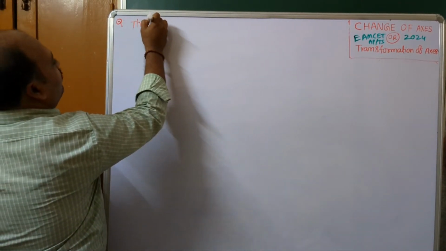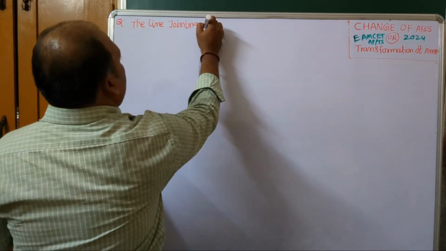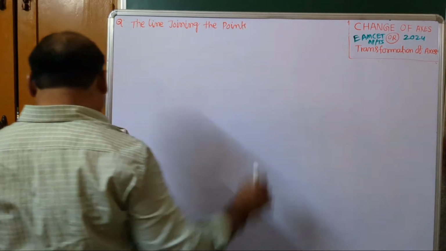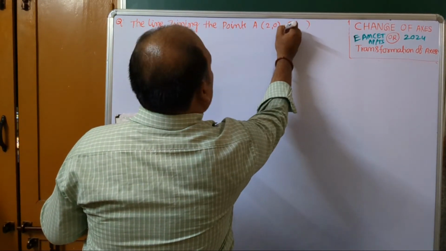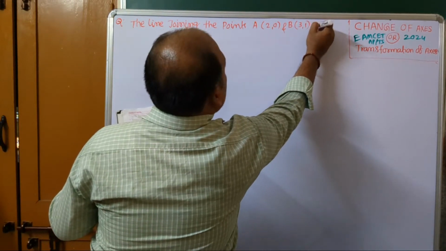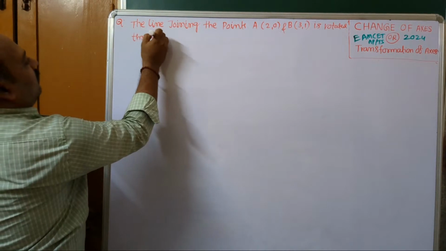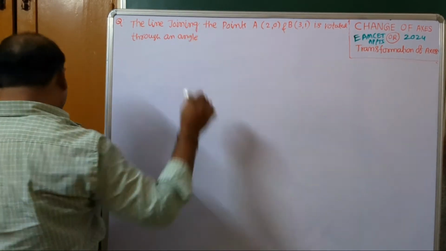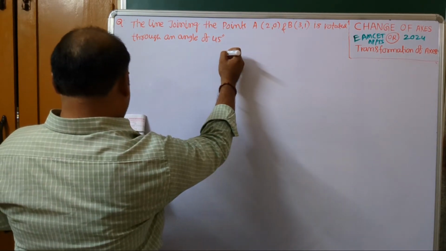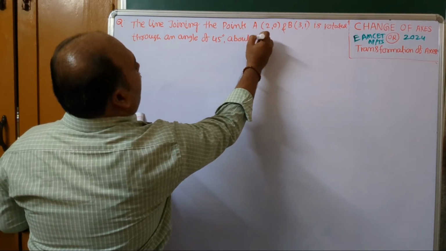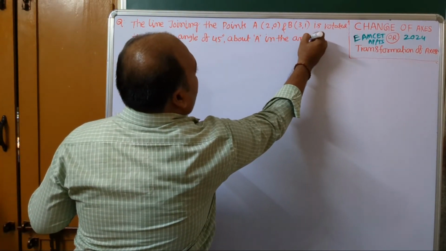The line joining the points A of 2 comma 0 and B of 3 comma 1 is rotated through an angle of 45 degrees about A in the anti-clockwise direction.